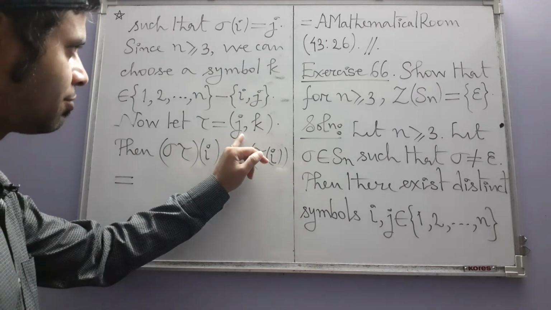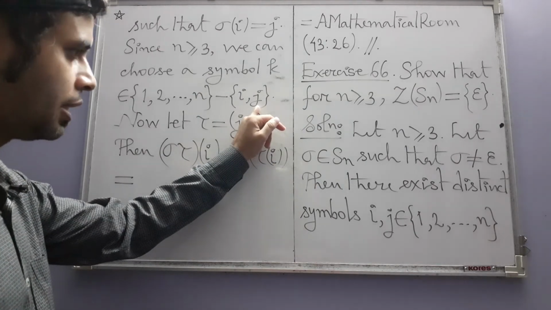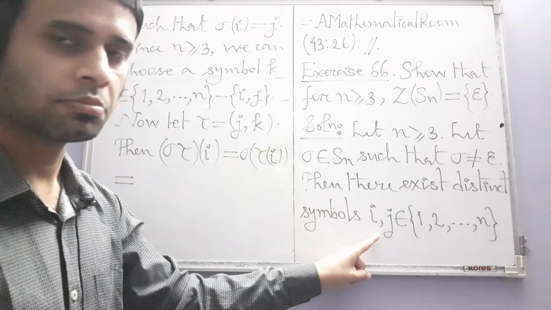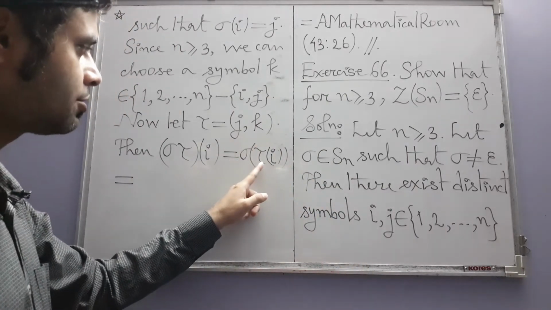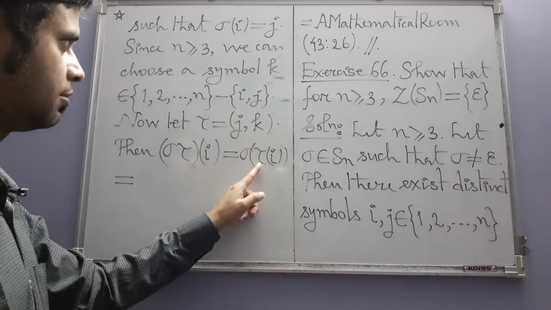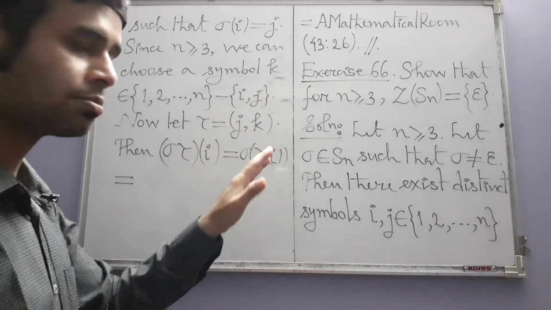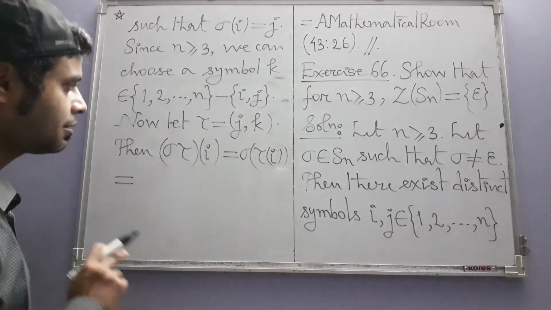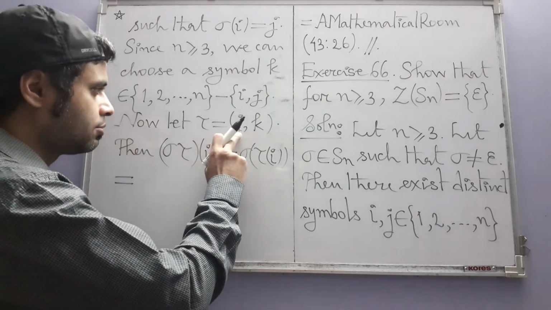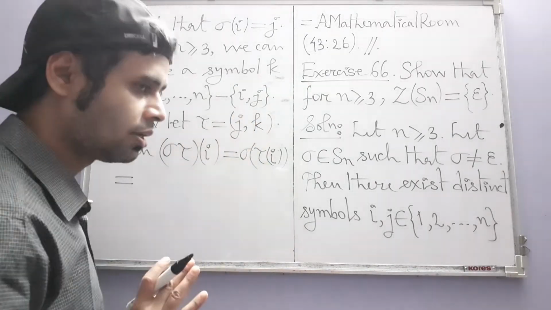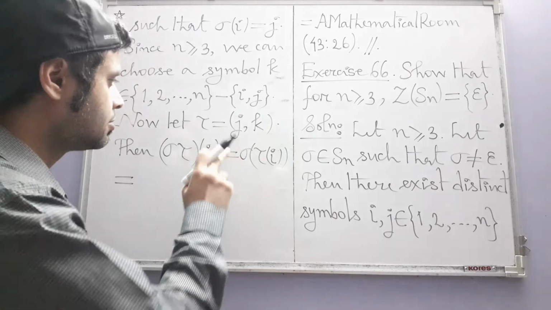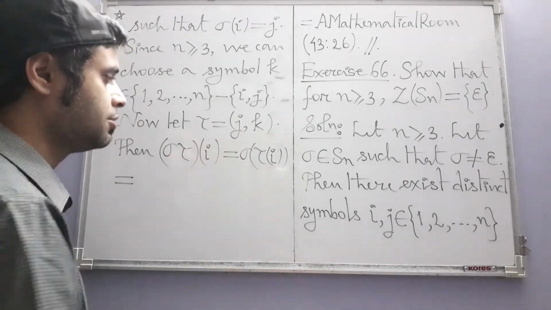i is different from j. Why? Because distinct symbols. i is also different from k, because k has been chosen in such a way that it's different from both i and j. So that means tau does not involve the symbol i. What that simply means is that tau does not change i.